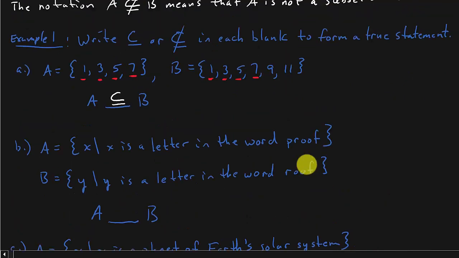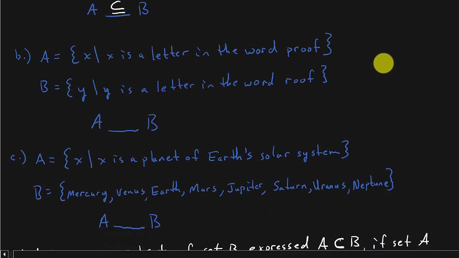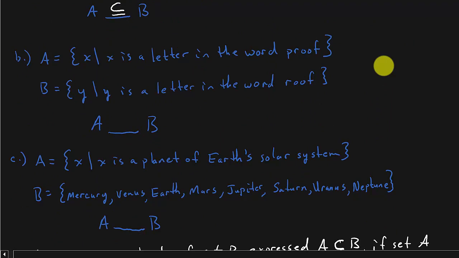Now remember from the last lesson, these two sets are written using the roster method. And in part B, the next two are written in set builder notation. All right. So we've got A is the set of all X such that X is a letter in the word proof. B is equal to the set of all Y such that Y is a letter in the word roof.